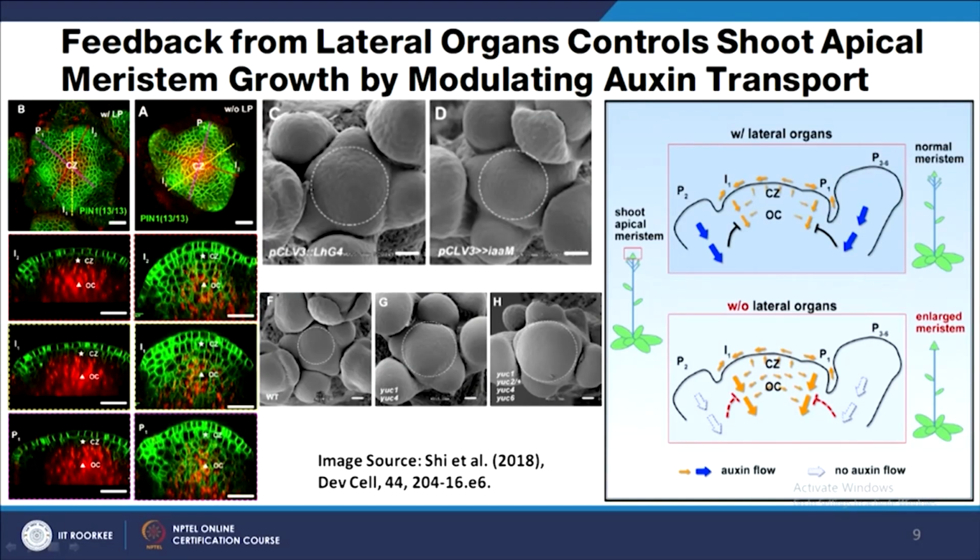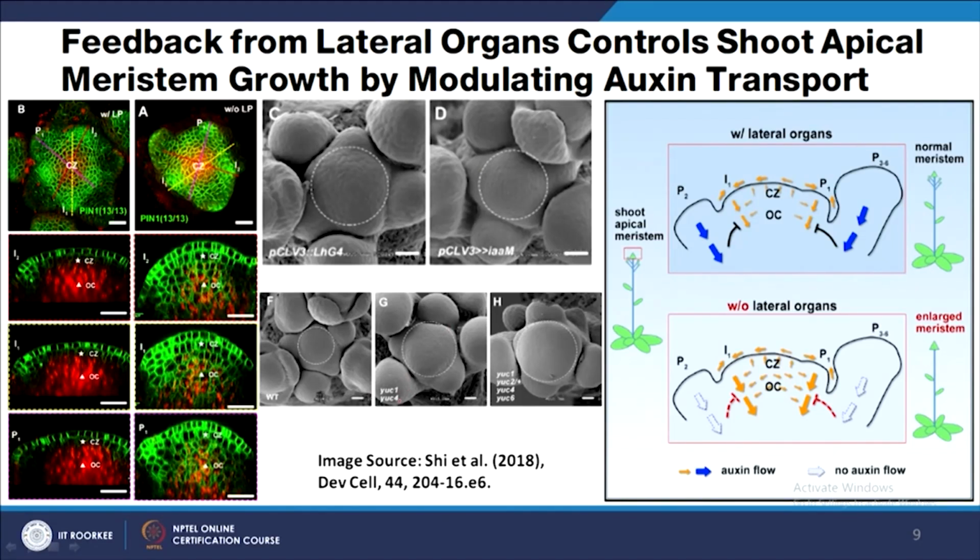And if you produce auxin in a high amount, so basically using the CLAVATA3 promoter, CLAVATA3 is expressed in the central region, and if you synthesize auxin, what you see is that the meristematic zone is decreased, the meristem size is decreased. On the other hand, if you remove auxin from the meristem, so basically these YUCCA genes are auxin biosynthesis genes.